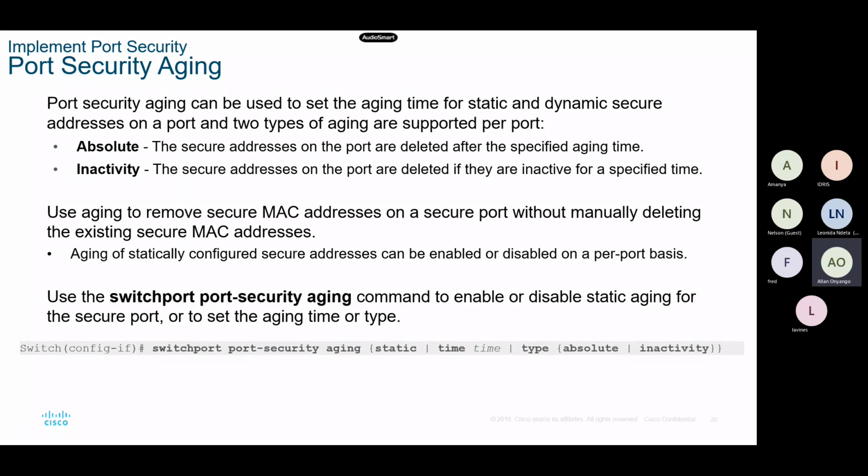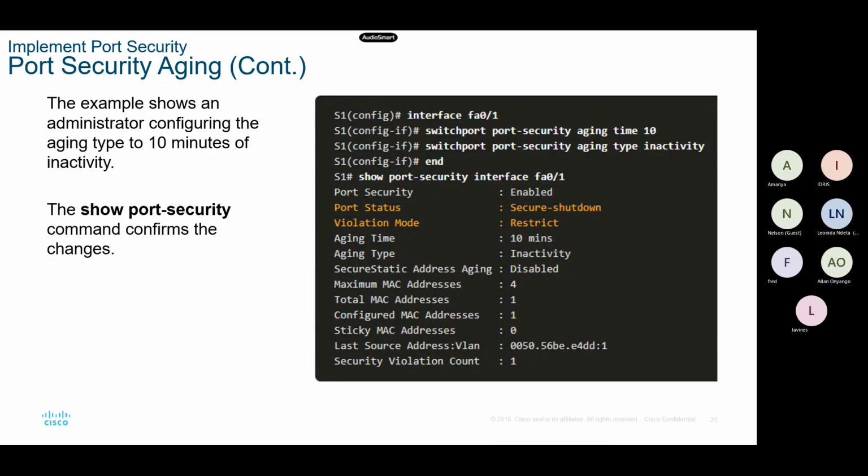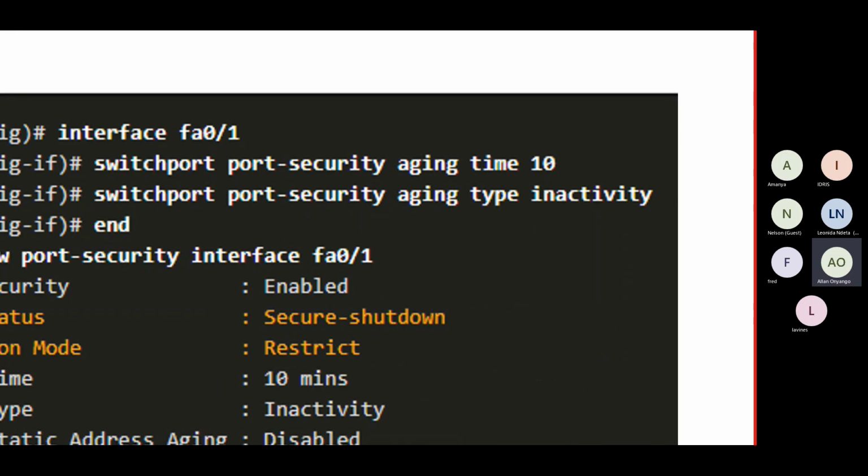You could say switchport port-security aging to be able to enable or disable static aging. And we can actually see an example here. Here we get to interface F0/1 and we say switchport port-security. You can see all commands are starting with switchport port-security.